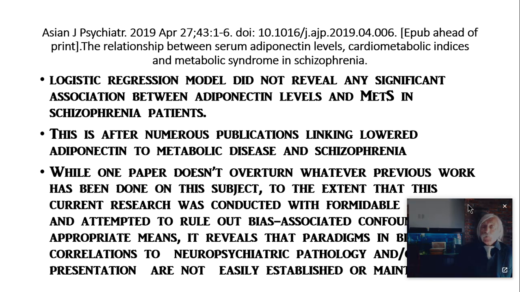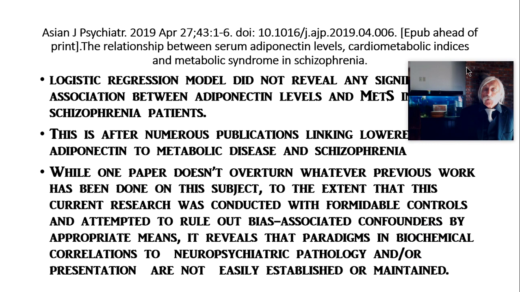While one paper doesn't overturn whatever previous work has been done on the subject, to the extent that this current research is conducted with formidable controls, because I've studied the paper, and attempted to rule out bias-associated confounders by appropriate means, it reveals that paradigms and biochemical correlations to neuropsychiatric pathology and or presentation are not easily established or maintained.